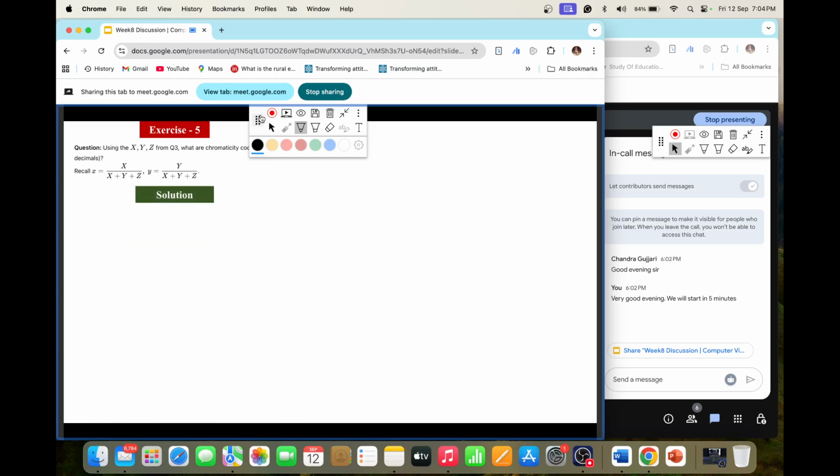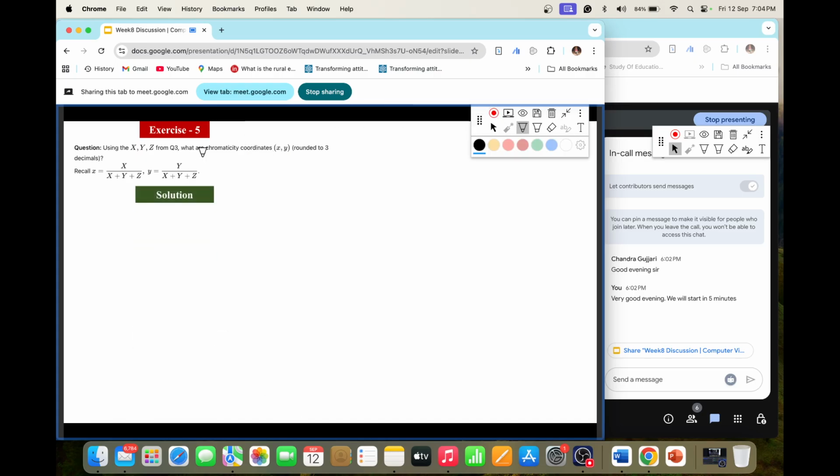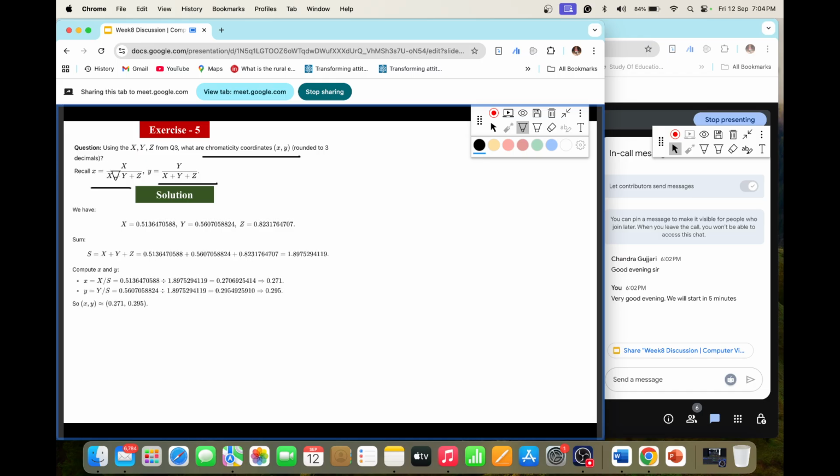Similarly, this is a question to calculate the CIE chromaticity coordinates, that is small x, small y. Again, very easy: small x is capital X by X plus Y plus Z, small y is capital Y by X plus Y plus Z. So already you have X plus Y plus Z. Here it has been written in normalized form only, but even if you do not take it in normalized form, your answer will be the same, because the 255 will cancel out from numerator and denominator.